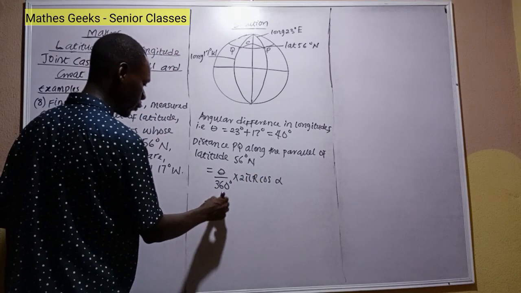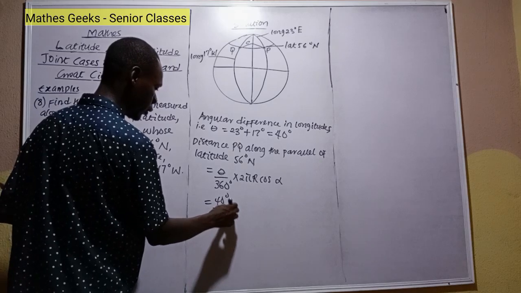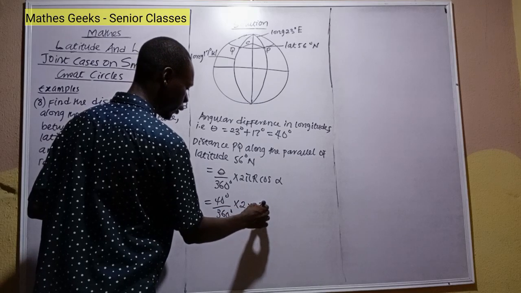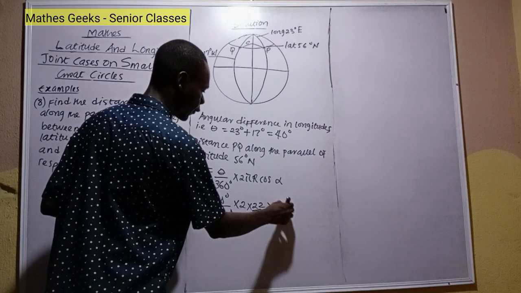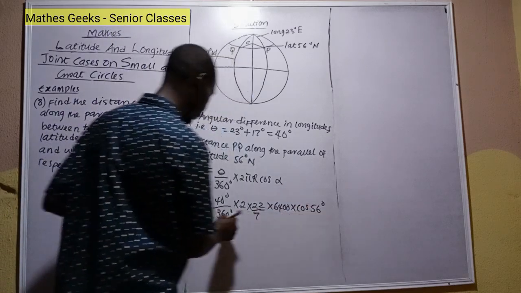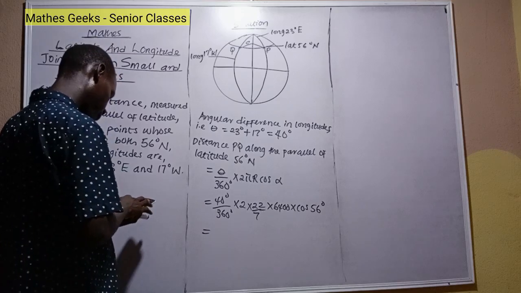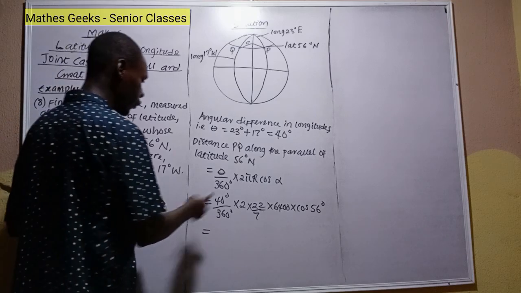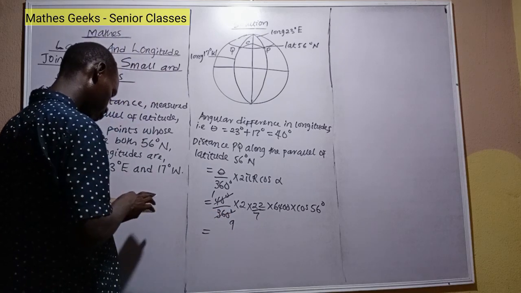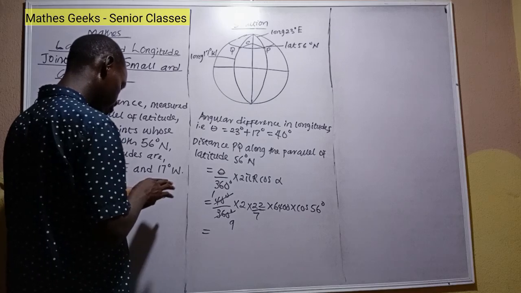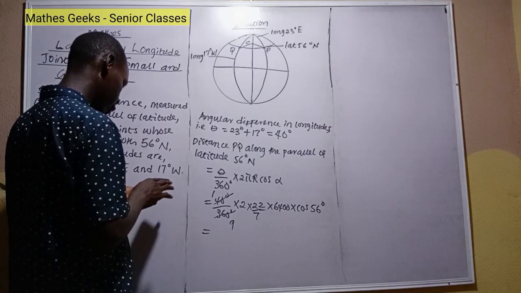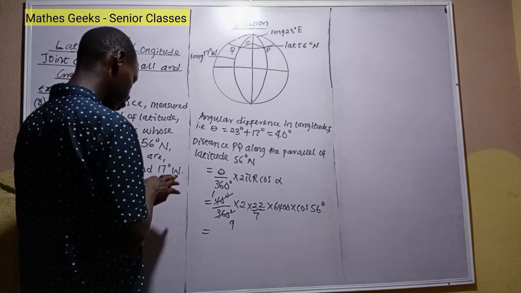So theta is 40 degrees over 360 degrees times 2 times 22 over 7 times 6,400 times cos 56 degrees. So 40 over 360 is 1 over 9, giving 2 times 22 times 6,400 times cos 56.